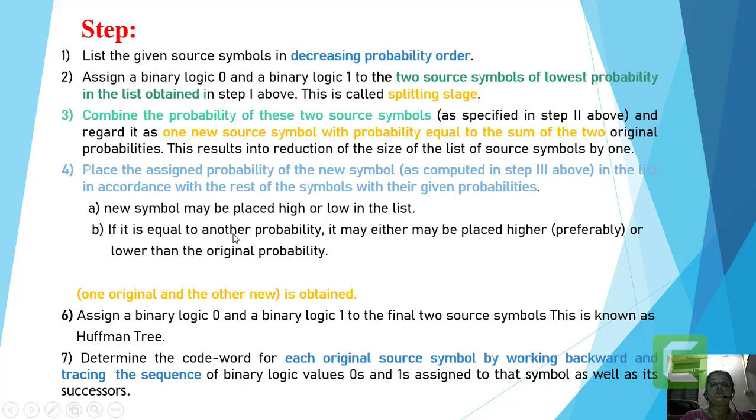If this is true, then with respect to the equal value, the obtained value will be placed either at a higher location or a lower location compared to the original equal one.